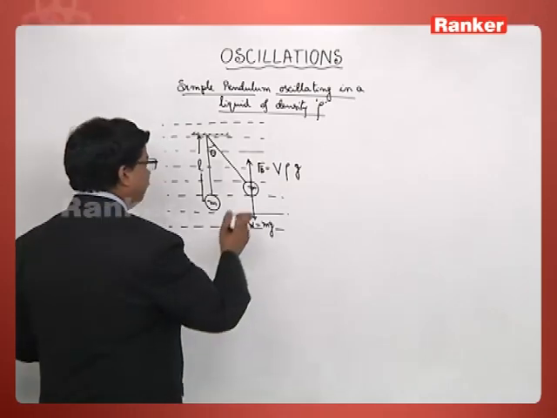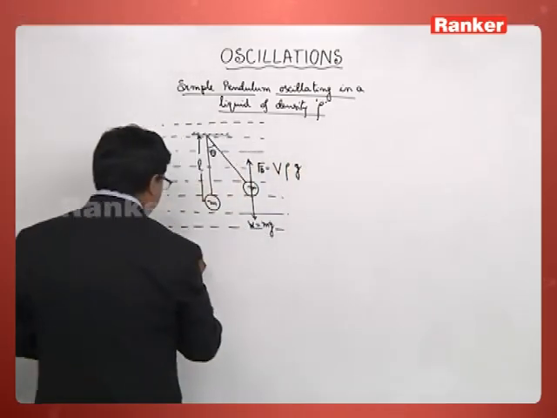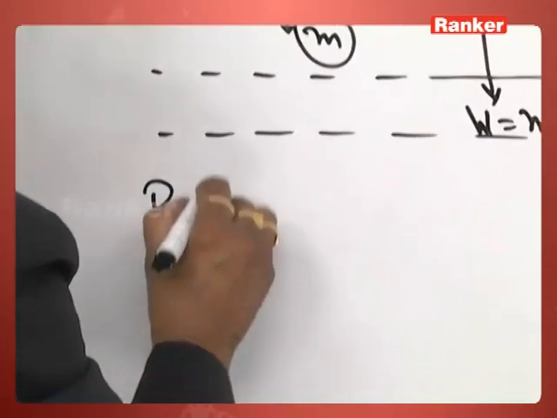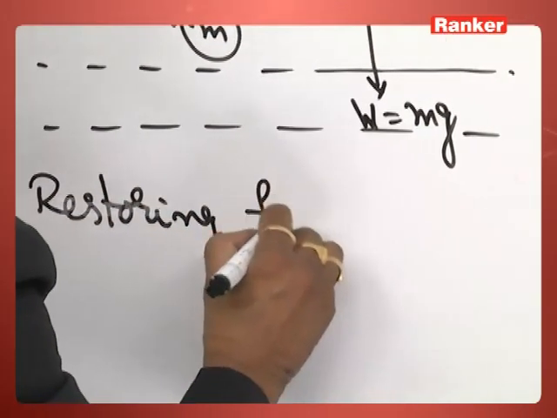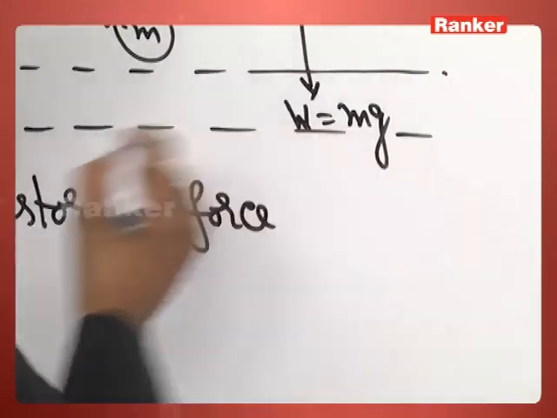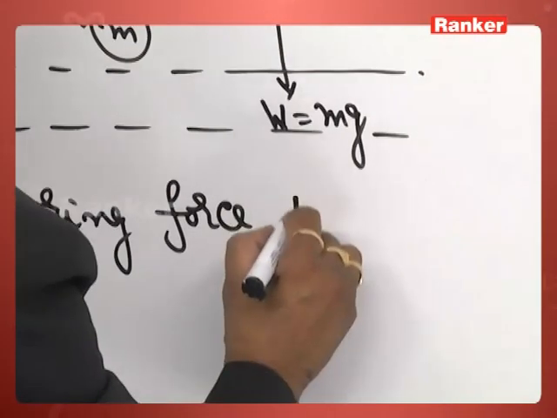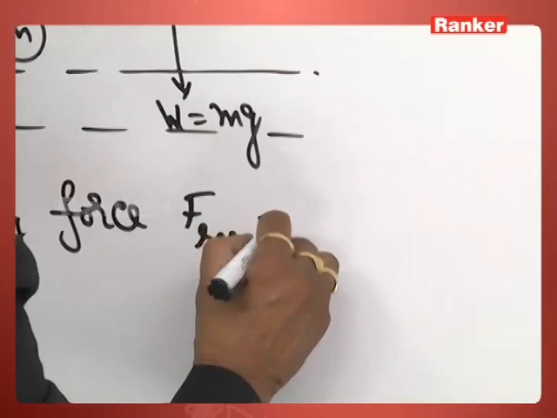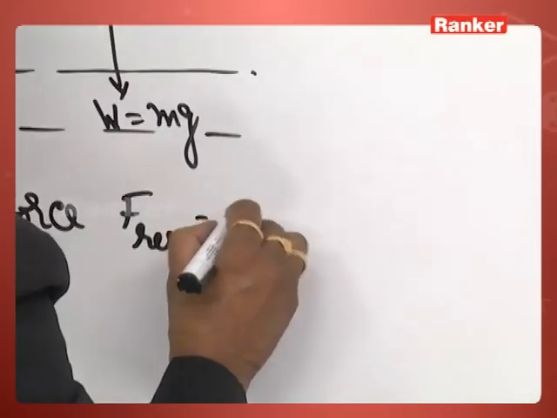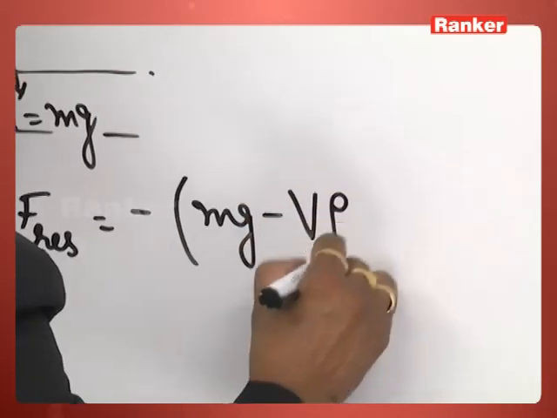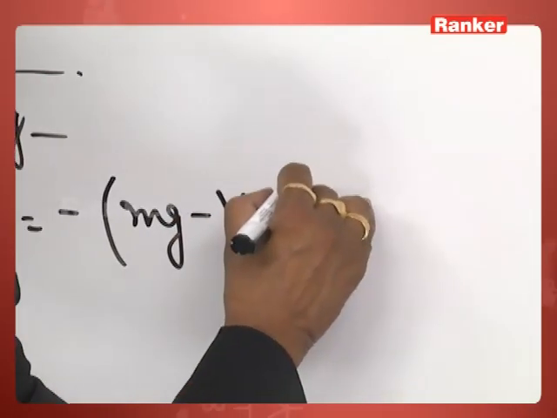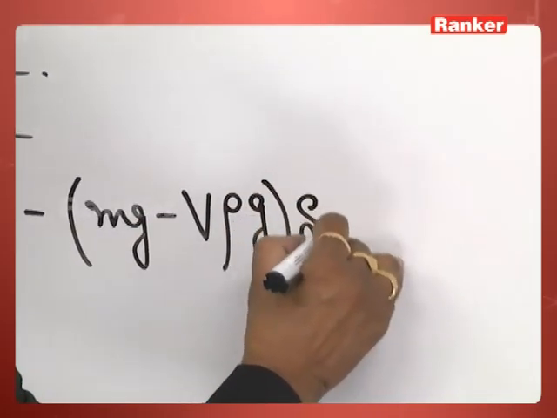In other words, I write the same this way, what is going to be the restoring force that is acting on the bob? That restoring force I can write this way as mg minus V rho g, sin theta.